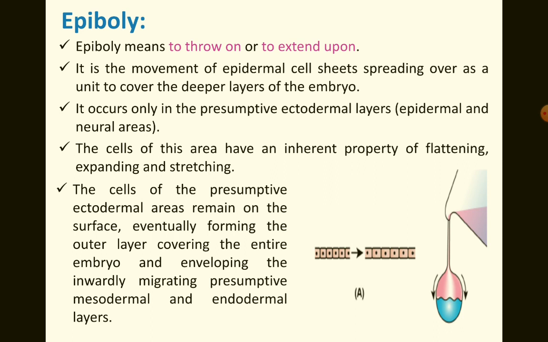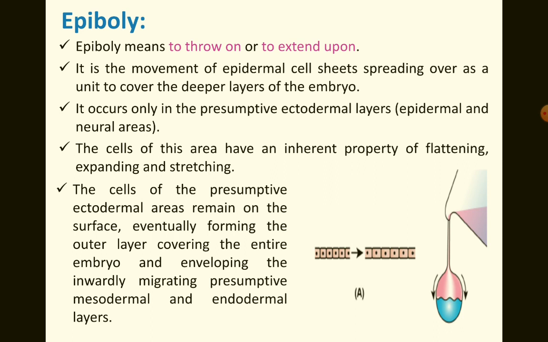This can be related to something like taking a balloon or a ball and pouring some viscous fluid, meaning a liquid of thickened consistency, over it. When you pour it, see how it covers the whole surface of the ball or balloon. The process of epibole also occurs in a similar way.